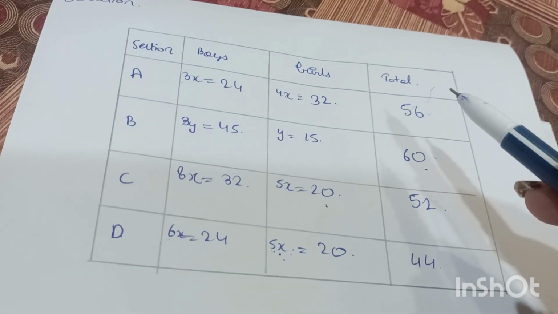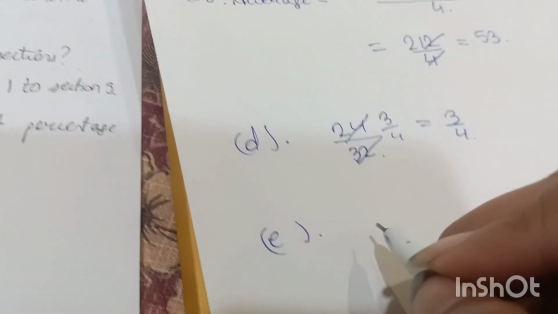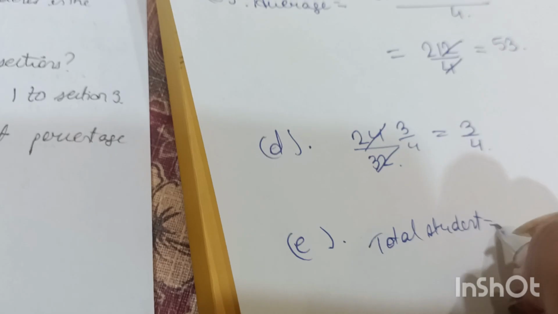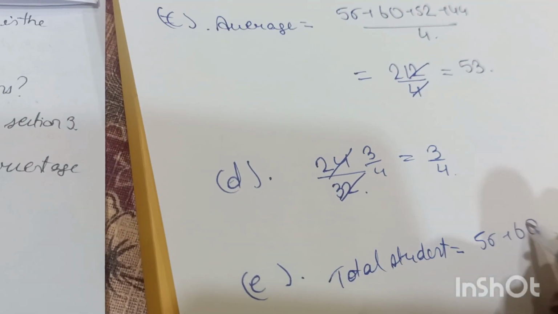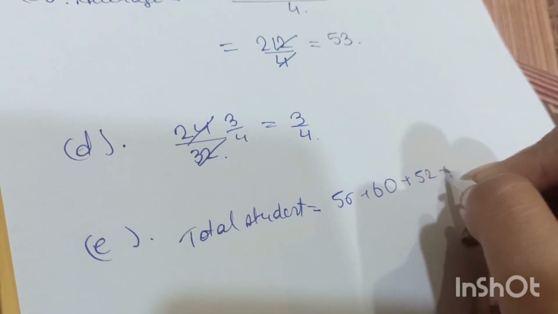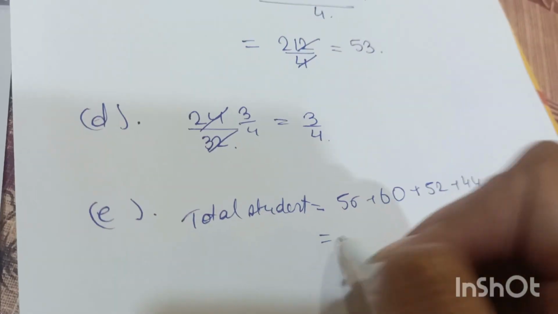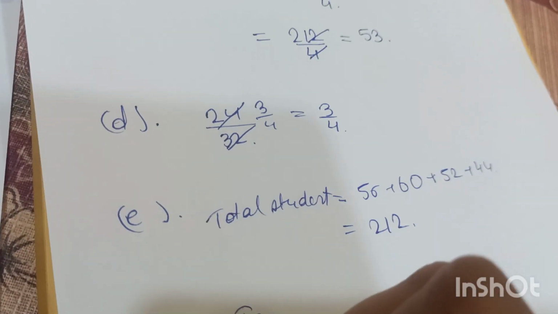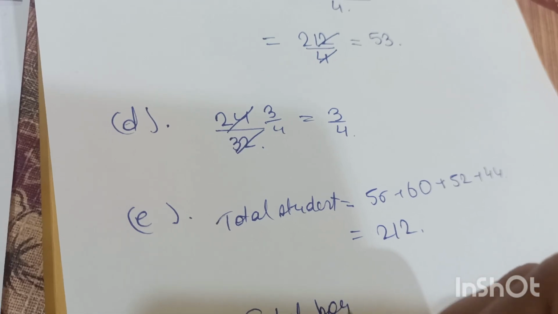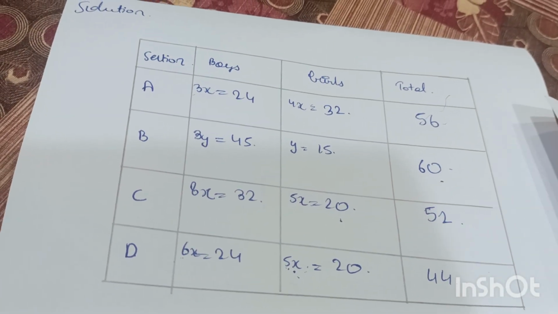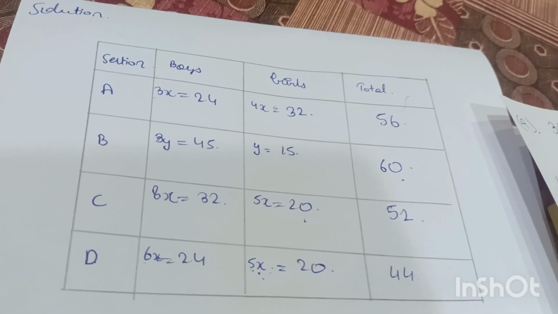So total students, you will add, you will get the value as 56 plus 60 plus 52 plus 44. It will become 212. Total boys: 24 plus 45 plus 32 plus 24.